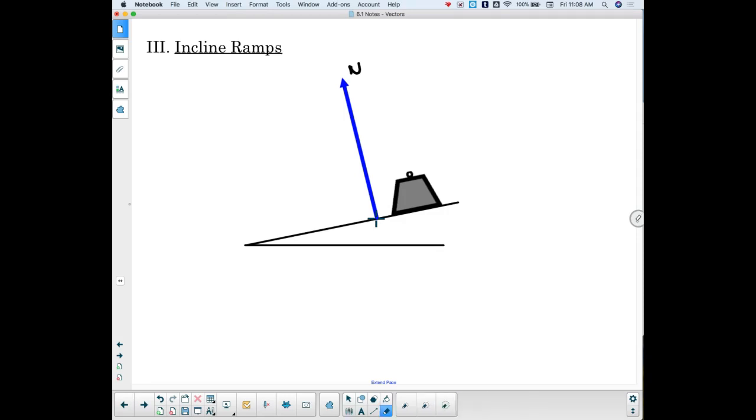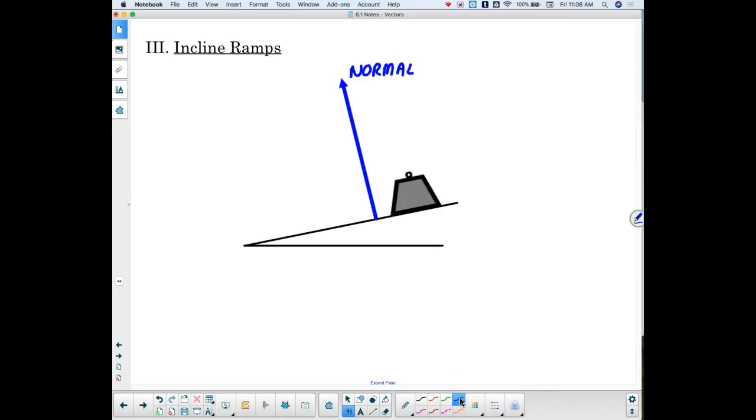I would be drawing this, yes. So the normal force is perpendicular to the surface.